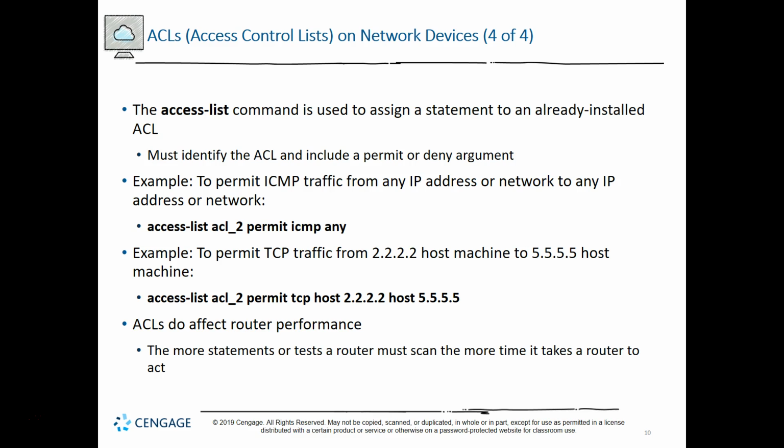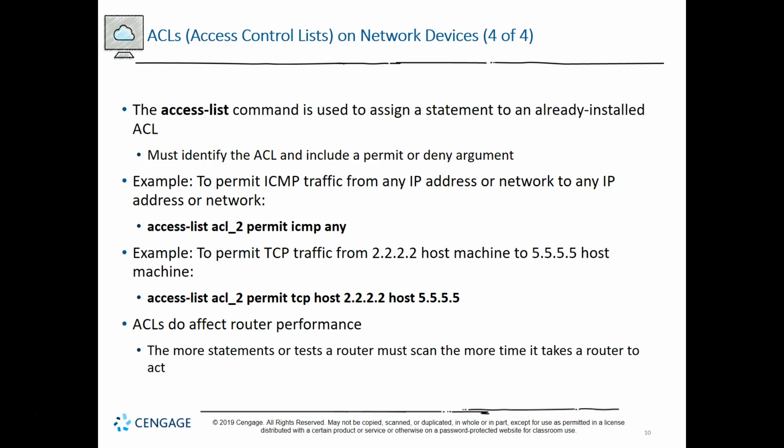This is the location coming in. So I'm allowing traffic to come in from 2.2.2.2, just a number we picked, and we can allow it to go to 5.5.5.5. If we get a packet that comes in and it says, I'm from this address, I'm going to 5.5.5.5, yep, that packet can go through.